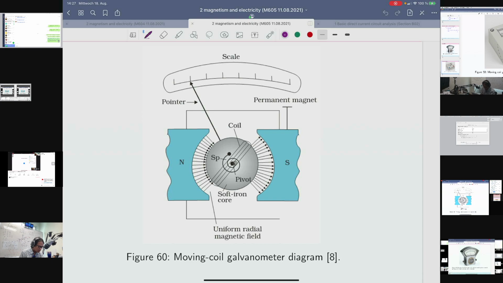It's circular, in this shape. The purpose of the spring, SP standing for spring, is to move the object back to its former location.